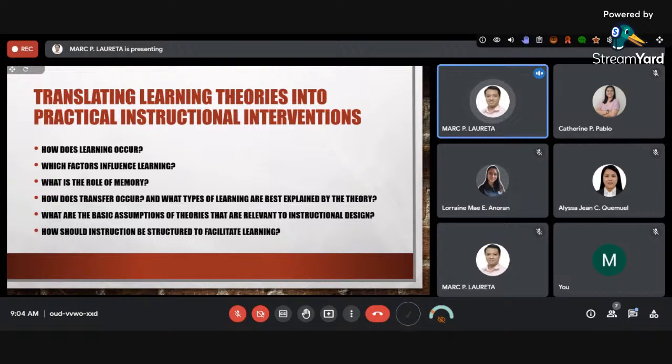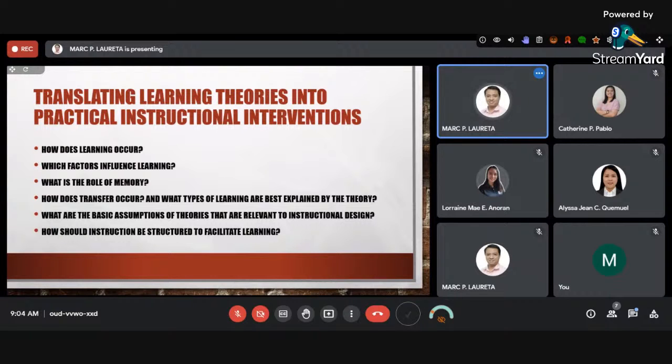What is the role of the memory? When it comes to this question, this touches on the cognitive principles of learning theory. So how does the transfer occur? So transfer from near-term to long-term performance, transfer from this context to a different context, and what type of learning can be best explained by the theory.